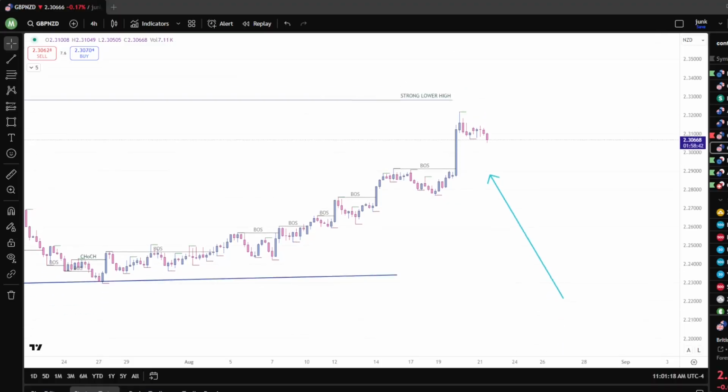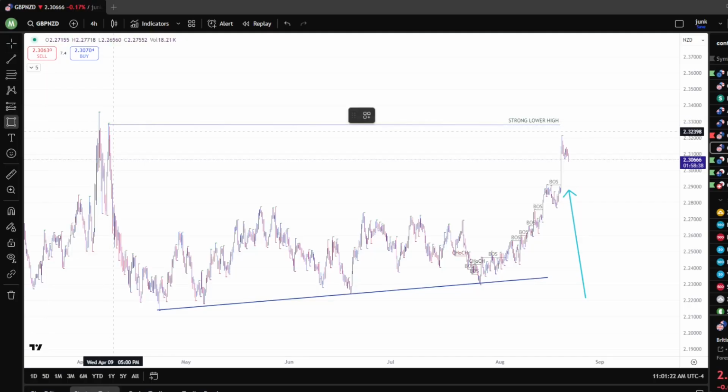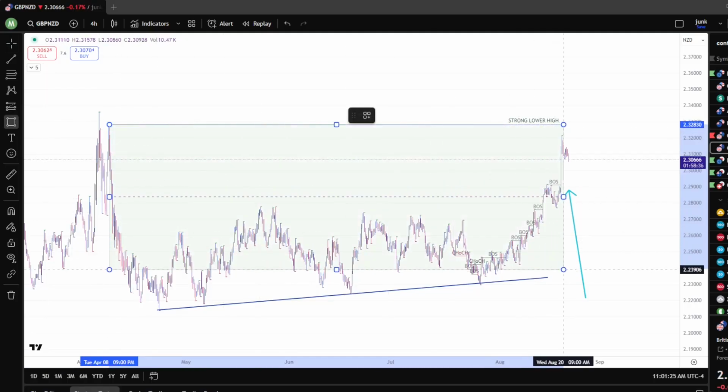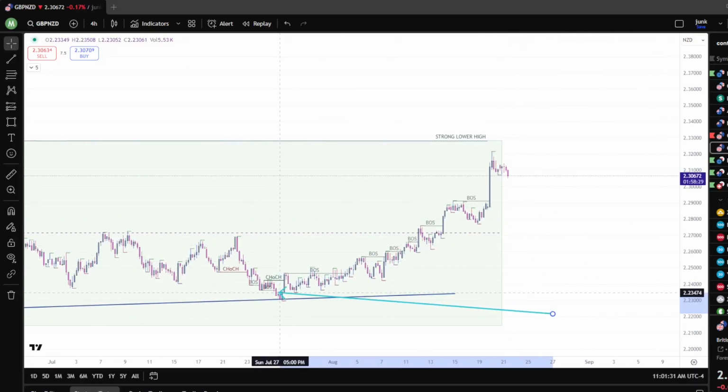GBP NZD, let's go map out the current range. This is still the overall structure, as we've been saying. Buyers have reacted from the lower trend line, unlike with GBP AUD, which did break past and reclaimed it, and so buyers step back in.